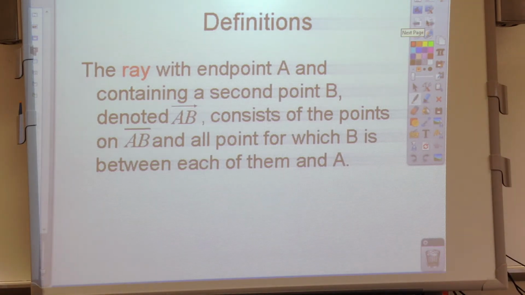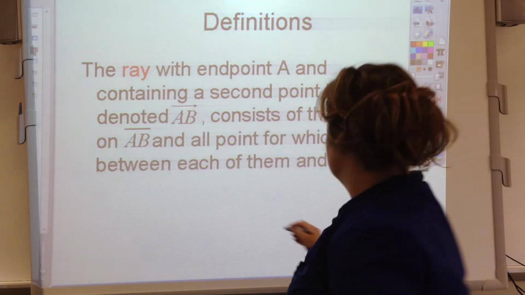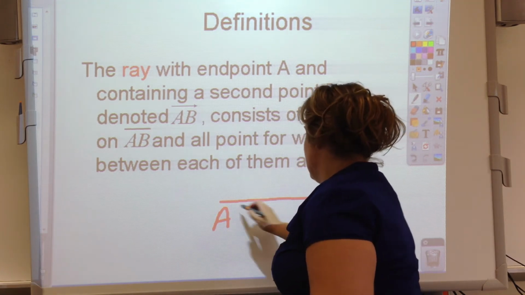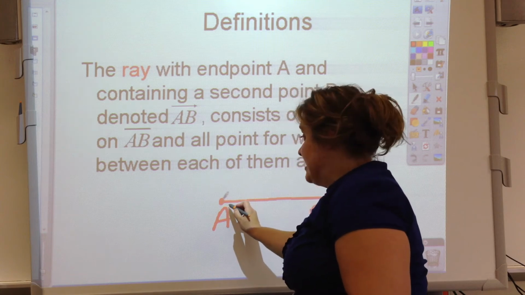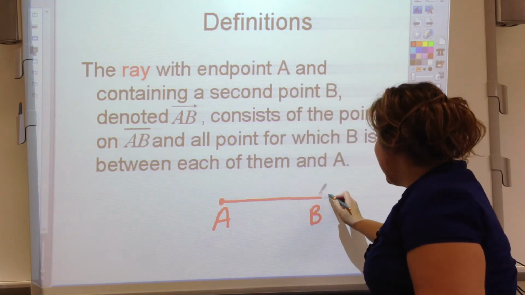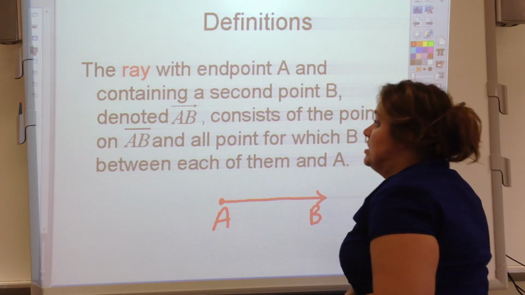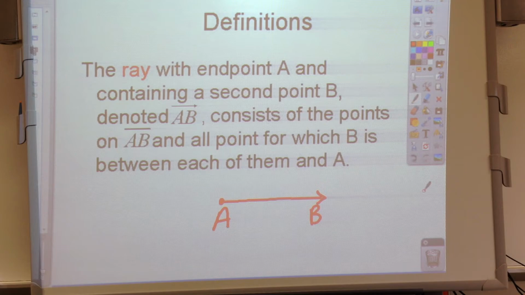A ray with endpoint at A containing a second point B is denoted as AB with a line and an arrow continuing over B. This means that I have some line segment that starts with A and contains that point, has everything between it, and then it keeps going after B and contains all the points beyond B. This ray AB contains line segment AB and more.